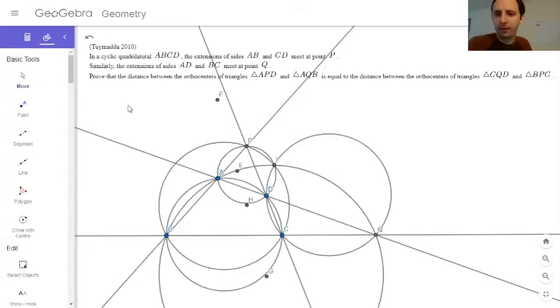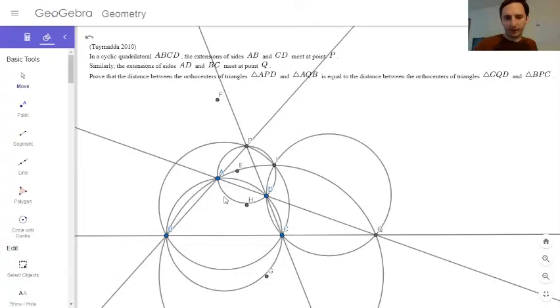Oh, okay. All right. So the reflection of the orthocenter over the side lies on the circumcircle, right?